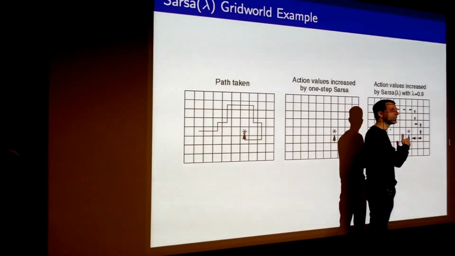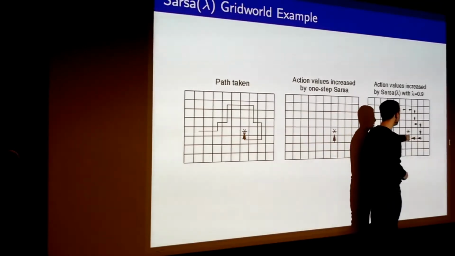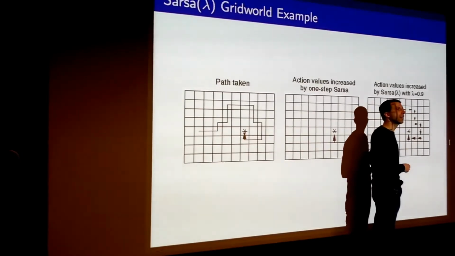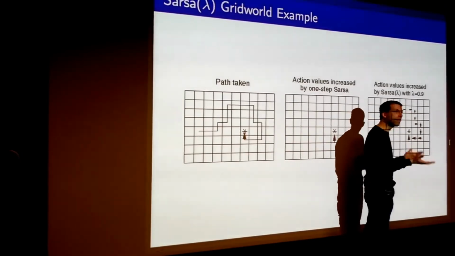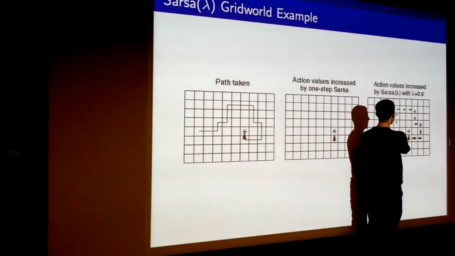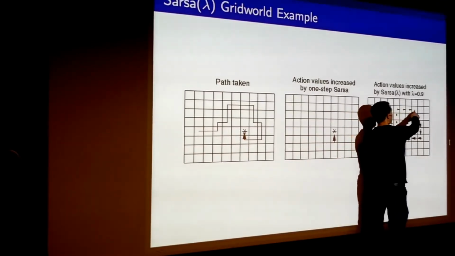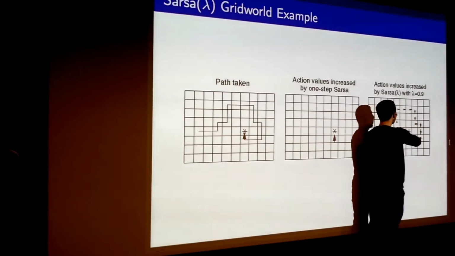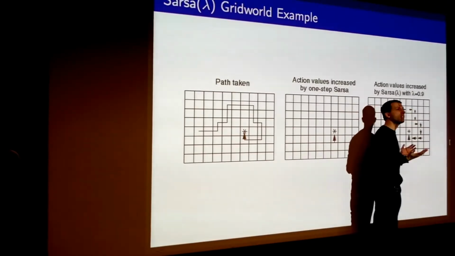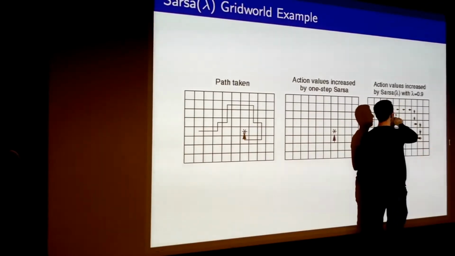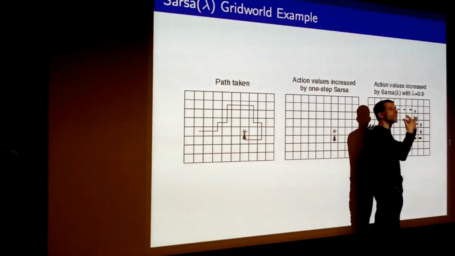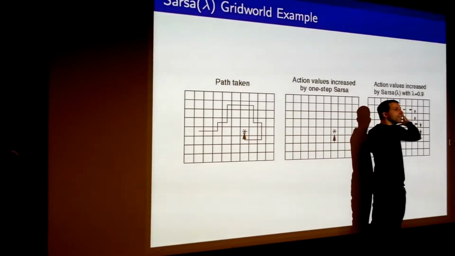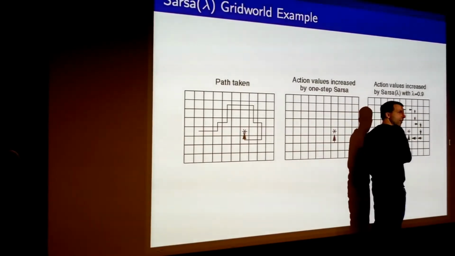But the nice thing is, imagine that you pass through this reward and then you carry on, and then you get another reward, and then another reward. What would happen with SARSA lambda is that nothing would happen until you hit your first reward, and then immediately all of these guys would be updated, even though you haven't finished your episode. You would carry on until you hit your next informative event. Then everything would be updated because of that next informative event, and you'd carry on.